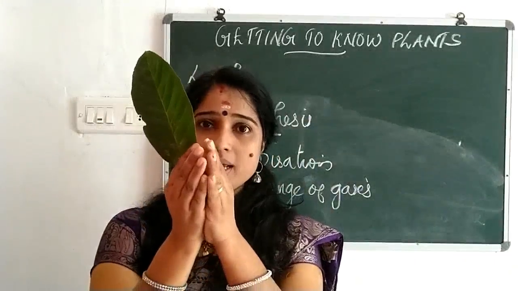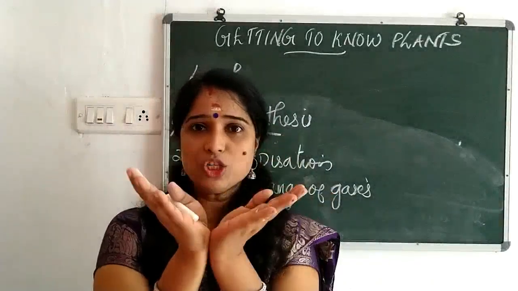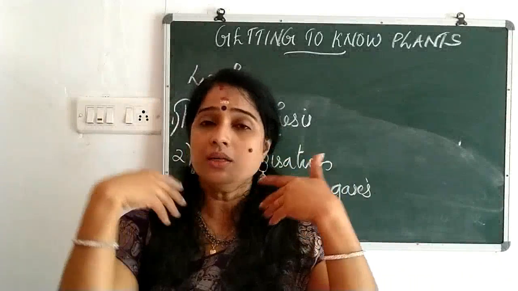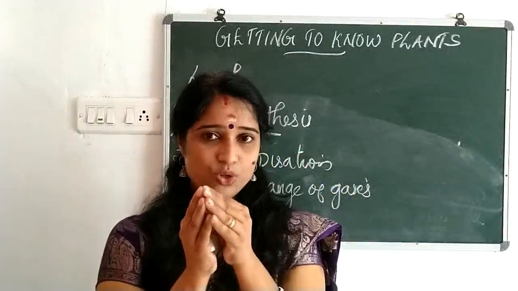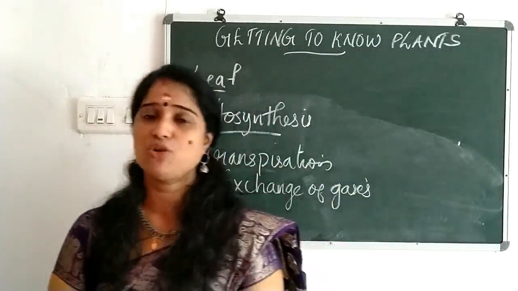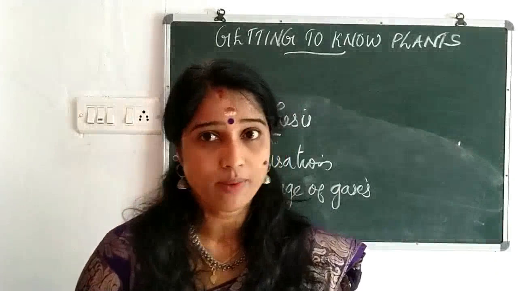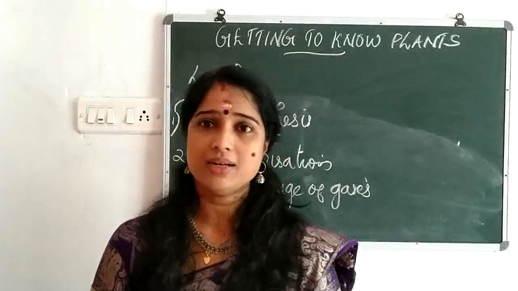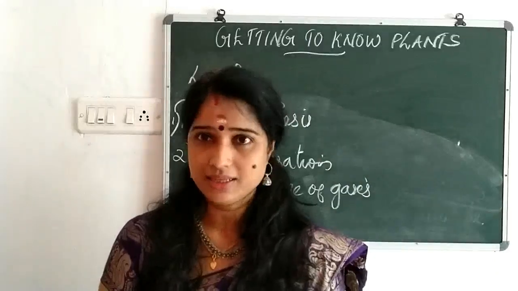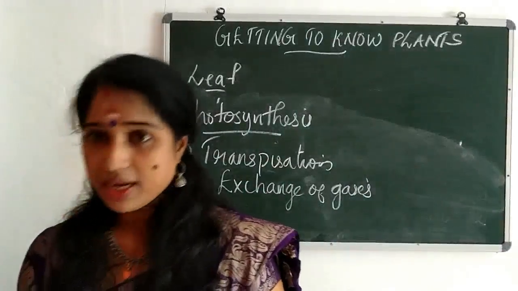If the stomata opens, water is lost as well as exchange of gases takes place. The stomata closes. It's a very nice technique performed by the stomata, and it can protect the plant. So that is about the stomata, and the main two functions of the plant are transpiration and photosynthesis.